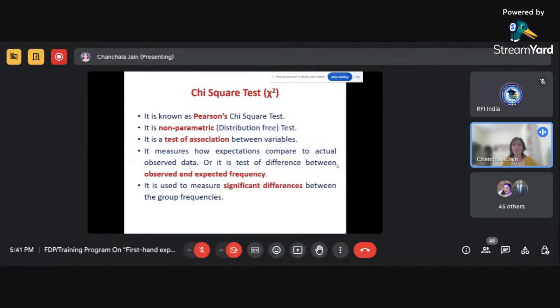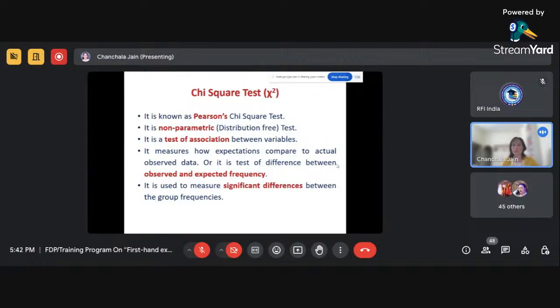Generally, it is known as the test of association between the variables. Means whether your variables are associated to each other or not, that you need to test using the chi-square test. Then it measures how expectations compare to the actual observed data. I think we have seen the formula of the chi-square test, and in upcoming slides also I'm going to show you.